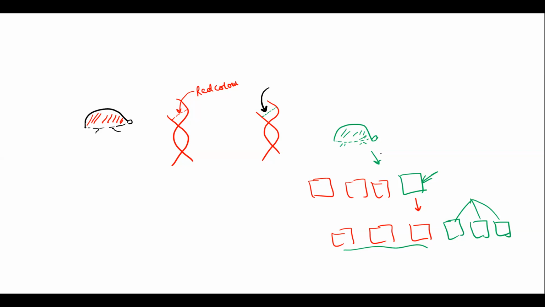So if this is born, it gives rise to four, of which 3 are red and 1 is green. Similarly, it gives birth to 3 red and 3 more greens. These greens are going to get the camouflage advantage.